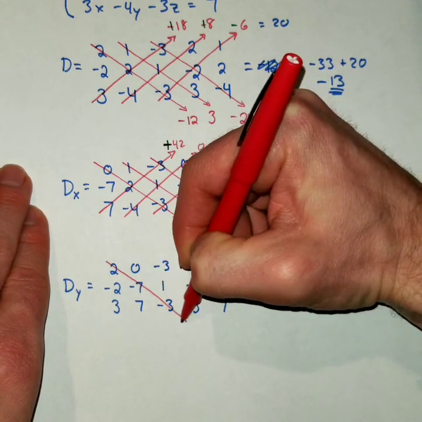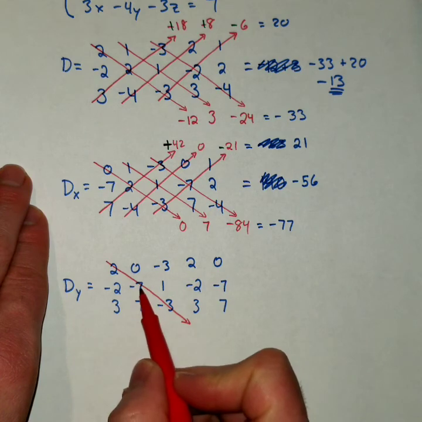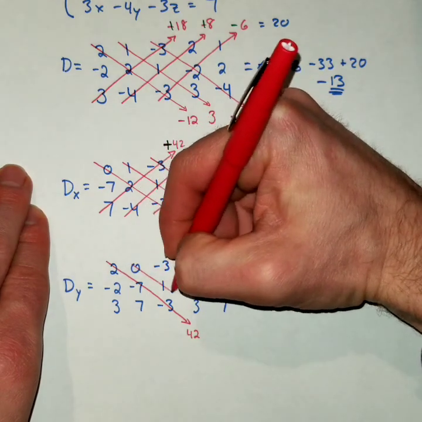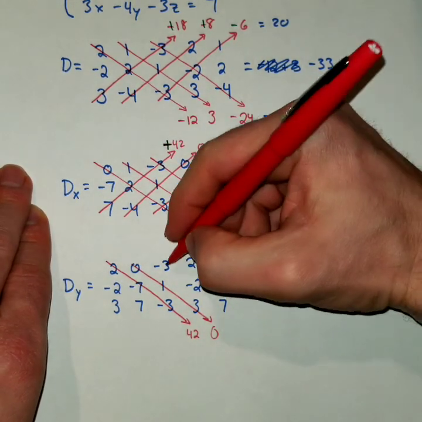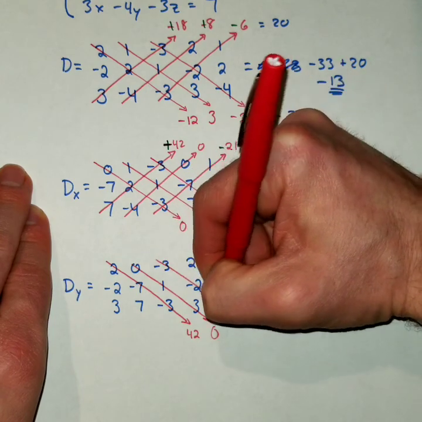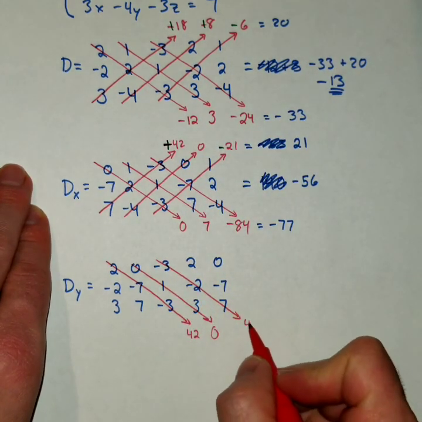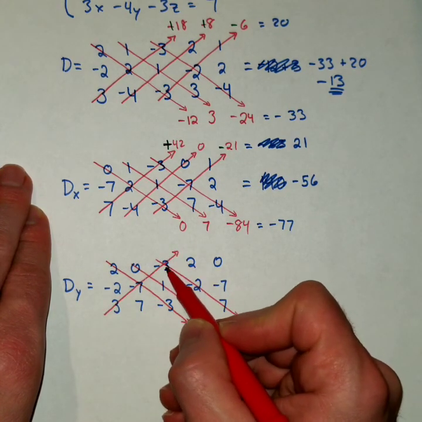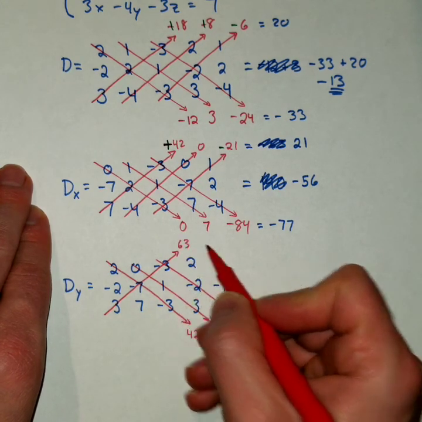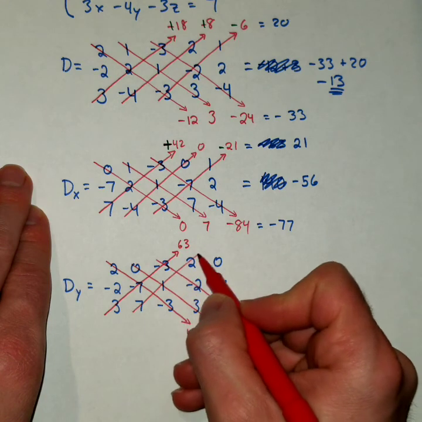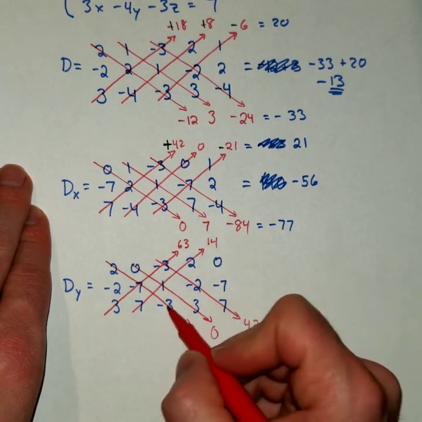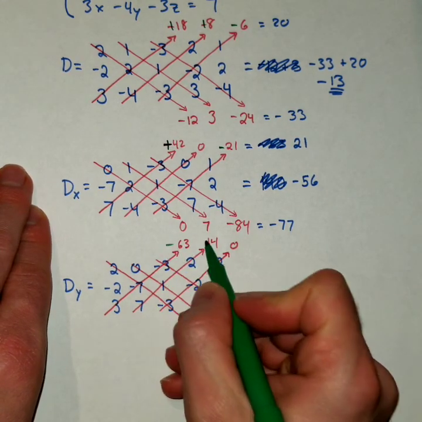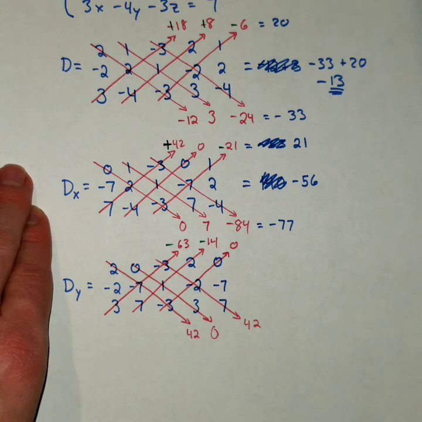So that diagonal is 6 times 7 is 42. 2 negatives is positive. This combination is a 0, and this combination is another 42, positive. Going up, we have 9 times 7 is 63. It's positive. We have here 14, it's positive, and a 0. Then don't forget to change signs on top. All my signs should be correct.